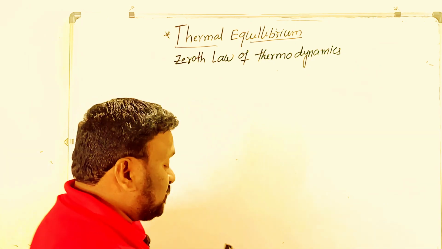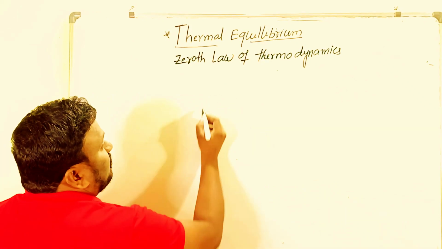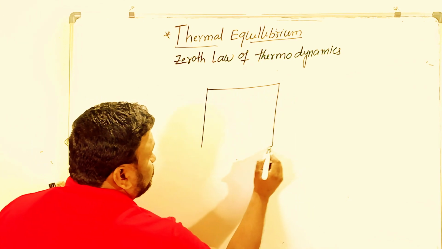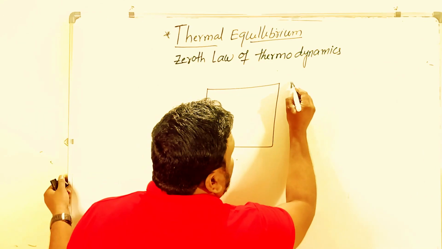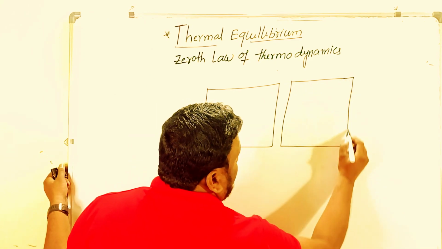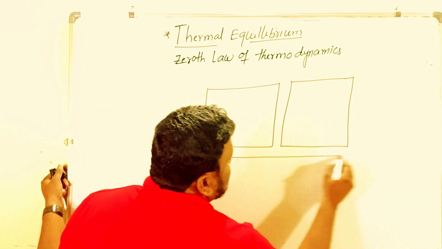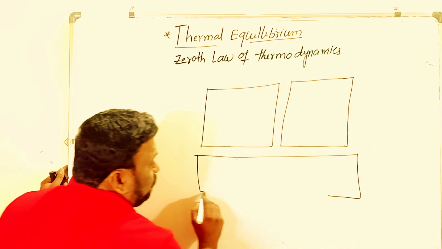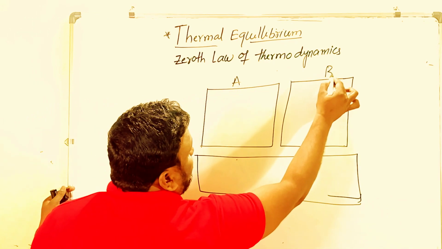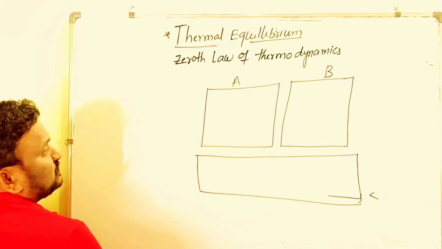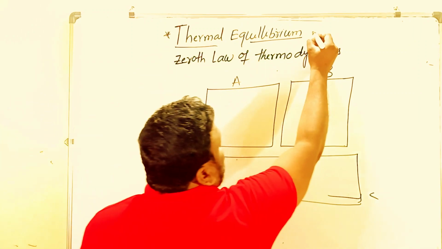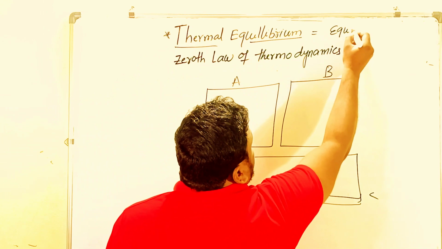Dear students, this is the first body A, this is another body B, and this is the third body C. Body A, body B and body C. Just now we discussed that thermal equilibrium means all bodies have equal temperatures.